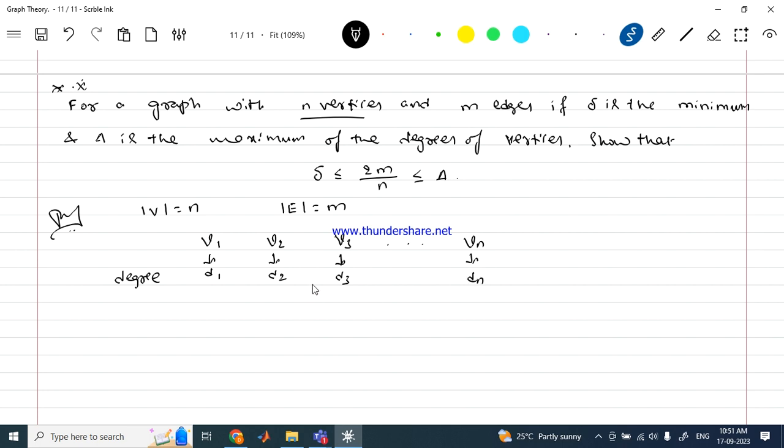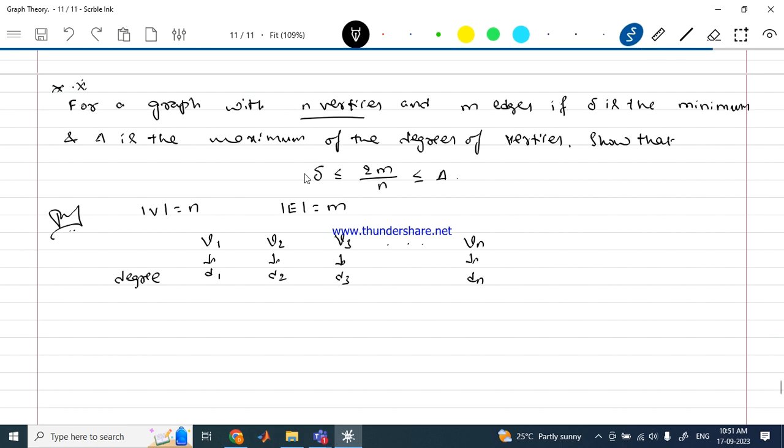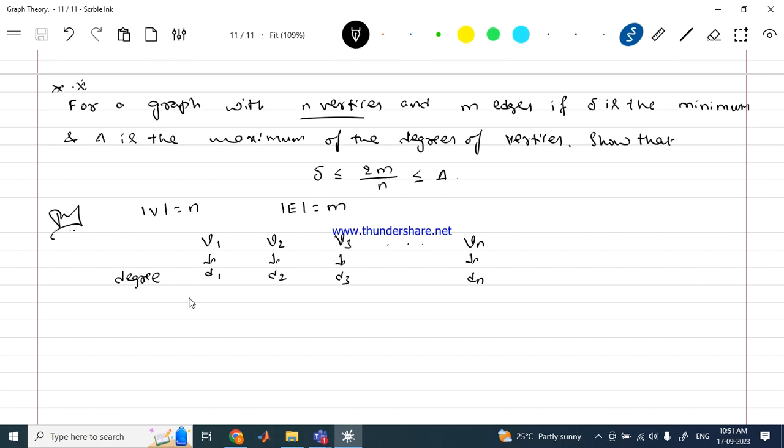And what they are telling here, among these degrees, the small delta is the minimum, that is the least value among these, and this capital delta is carrying the maximum value.